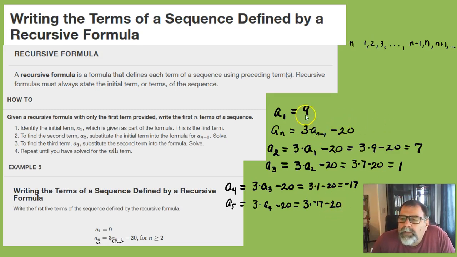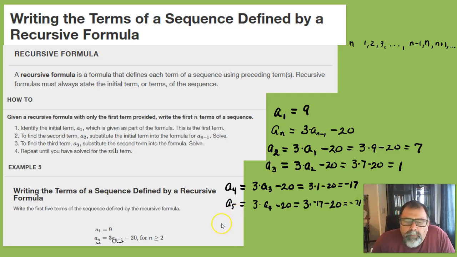Let's just double check this. So we got 9. 27 minus 20 is 7. 21 minus 20 is 1. 3 minus 20 is negative 17. Okay, what's this? Negative 51 minus 20 would be negative 71.